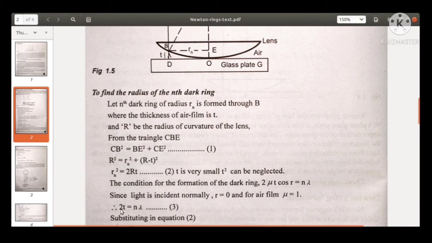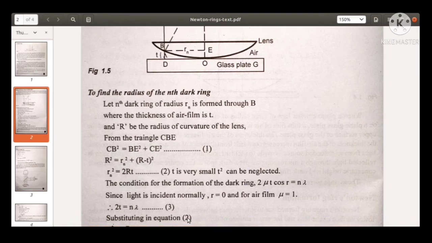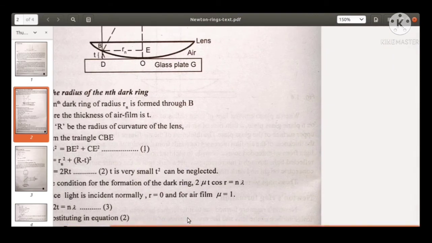So we can get 2t is equal to n lambda. Substituting in equation 2, we are obtaining this equation.